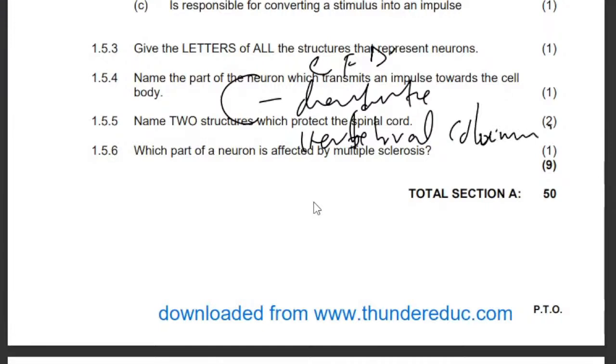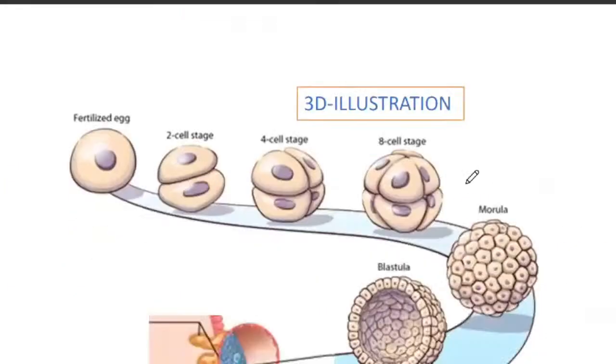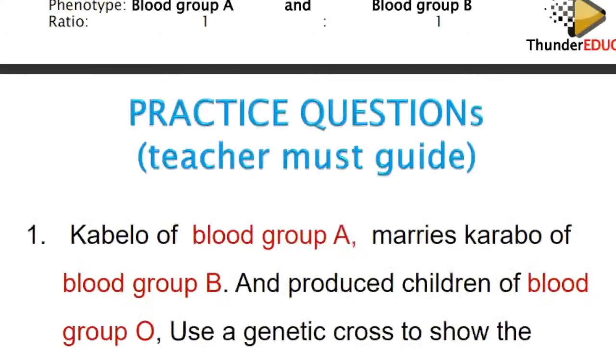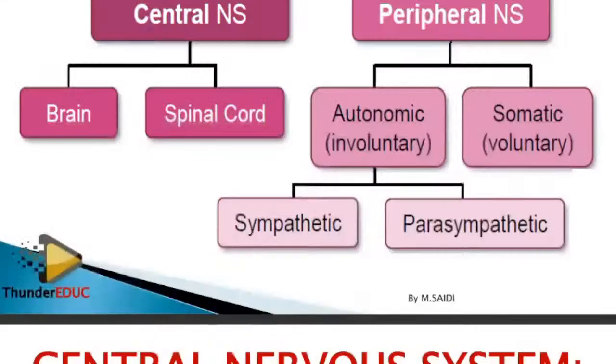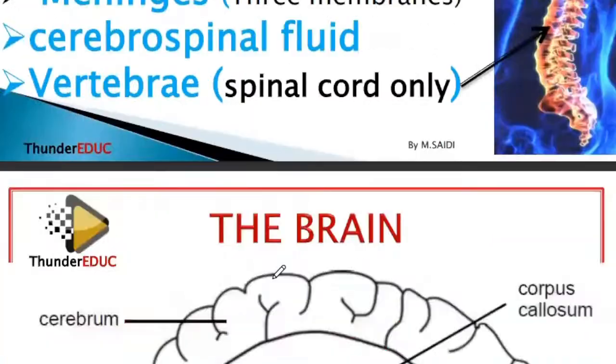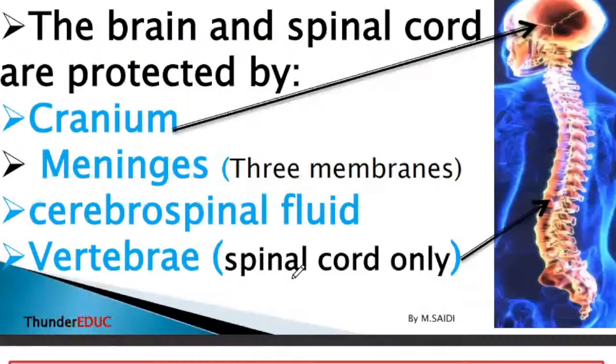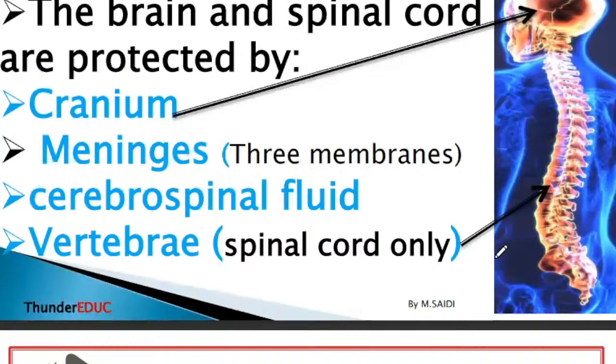Yes, or the vertebrae. Sometimes we call it the vertebrae. And then also the cerebrospinal fluid. If you check it here in our distinction material, you will always find the answers there. Here is the vertebrae, the spinal cord only, and then the cerebrospinal fluid.